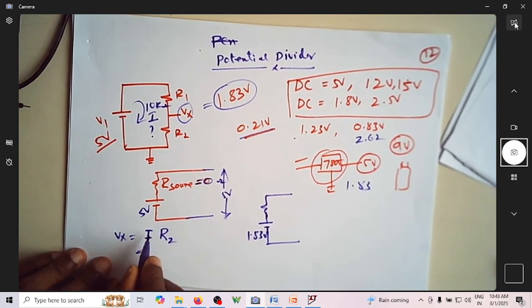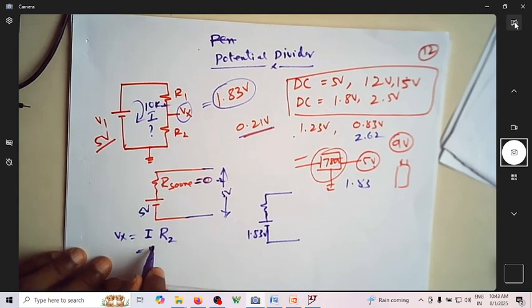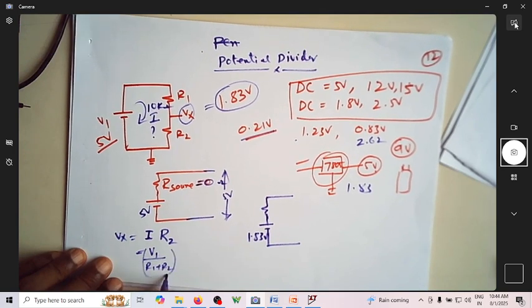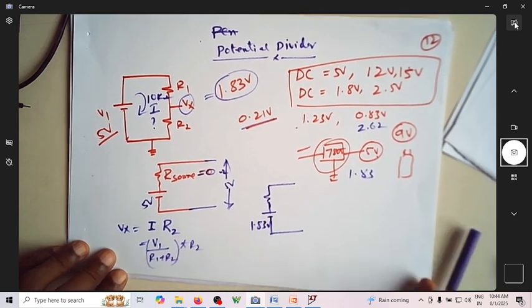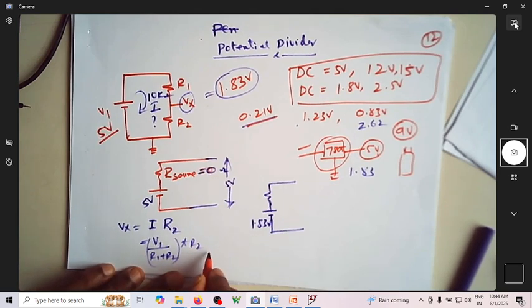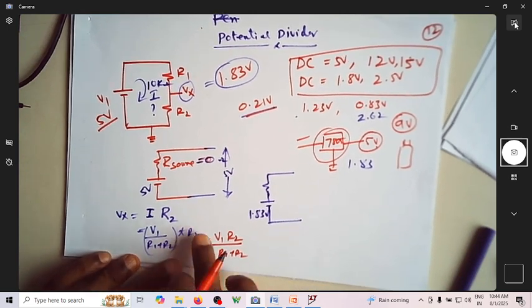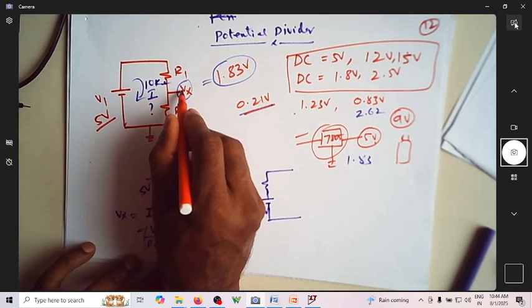The current in the circuit is V1 by R1 plus R2. So Vx comes out to be V1 into R2 by R1 plus R2. This is the voltage that we are going to have.